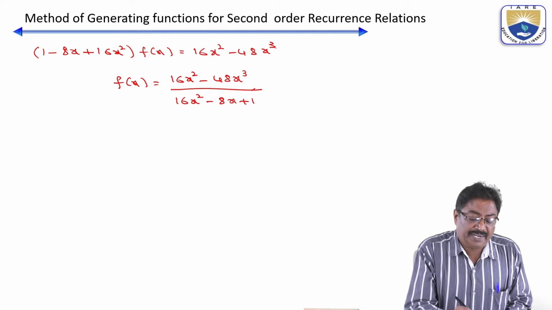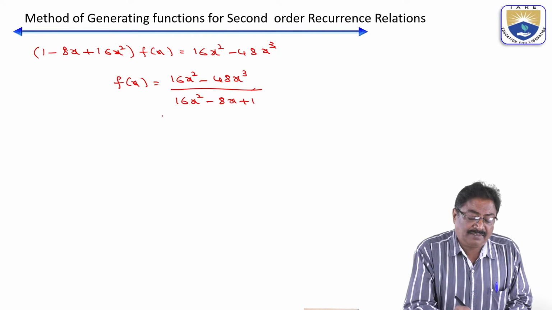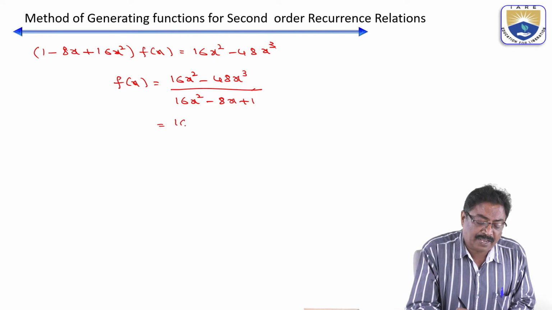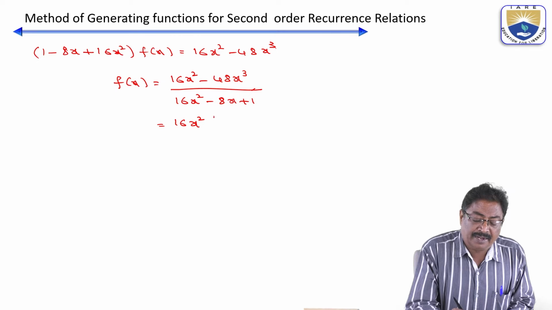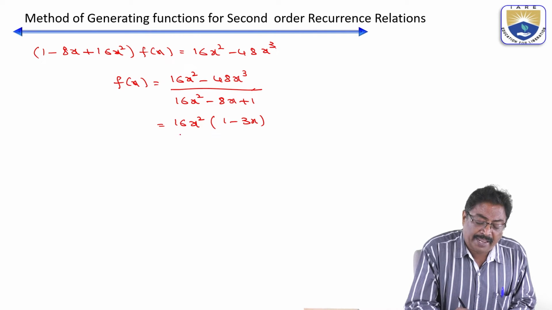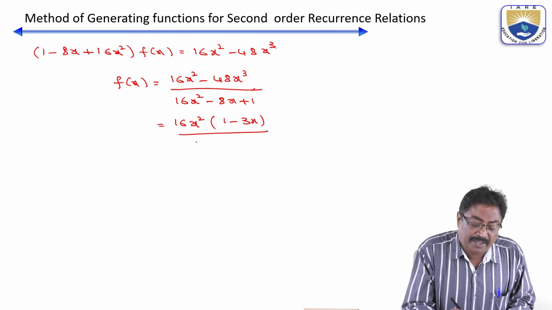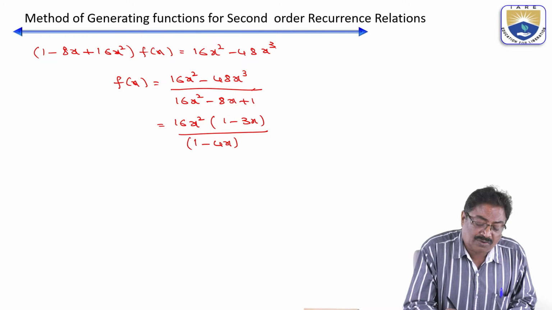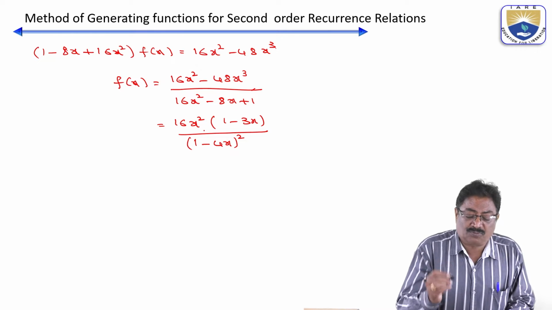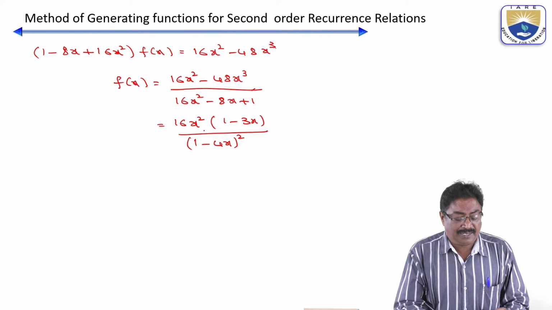Or else I am going to take 16x square common, then it is 1 minus 3x divided by 1 minus 4x whole square. See, 16x square minus 8x plus 1 is this, so I am going to get it like this.